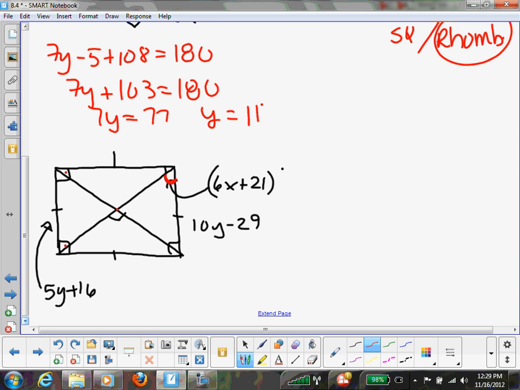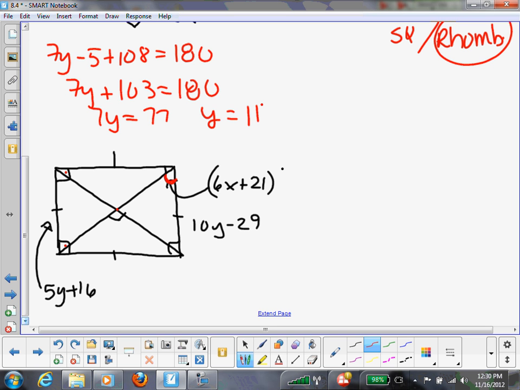Square. Why do we know it's a square? All sides equal. Okay. Could I say it was a rectangle? You could. Sure. Is a square a rectangle? Isn't a square a rhombus?